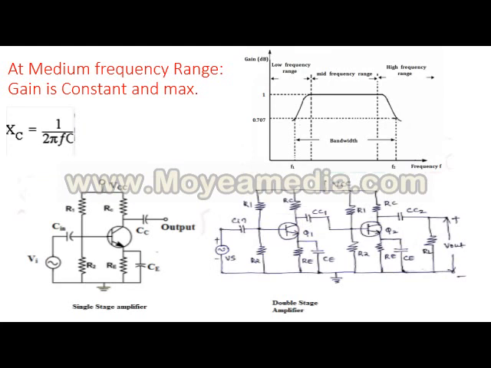According to the equation, when frequency increases, reactance decreases. Due to this, more signal passes from input to the base of the transistor. So gain increases.